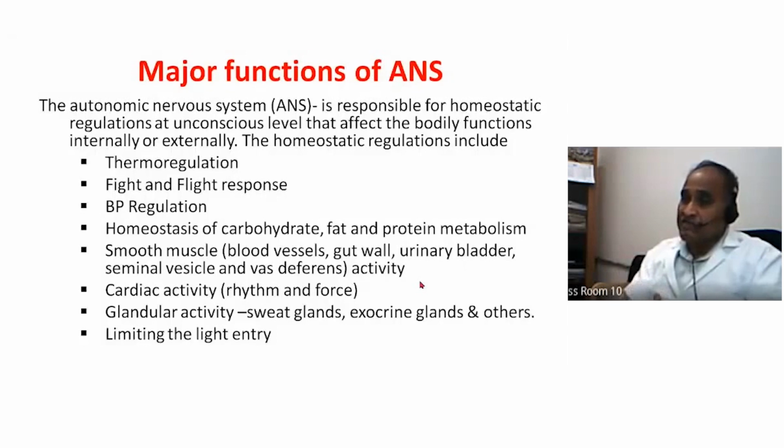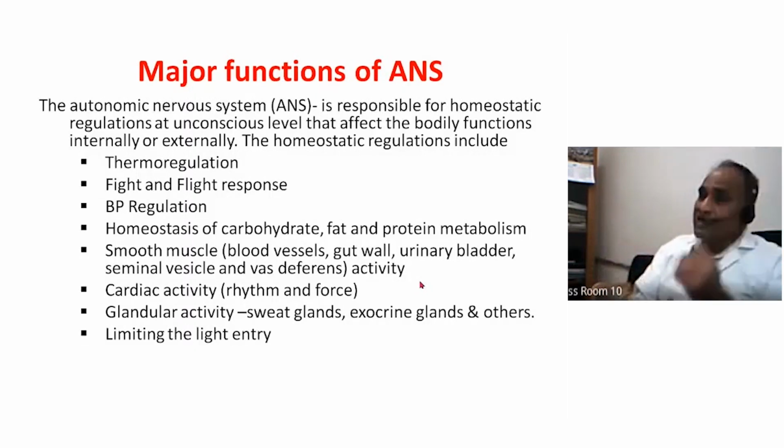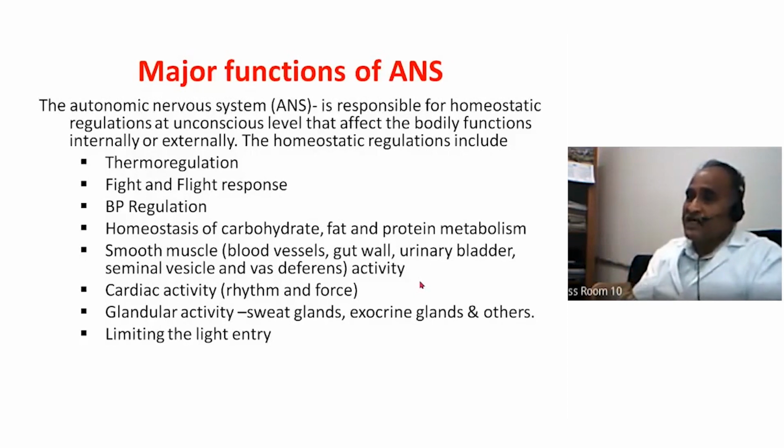Say, for example, the pancreas. The pancreas is supplied by the vagus nerve, and the vagus nerve supplies the beta cells of the pancreas. So beta cell activity is also monitored by vagal inputs. In this way, it indirectly governs the endocrine glands also.